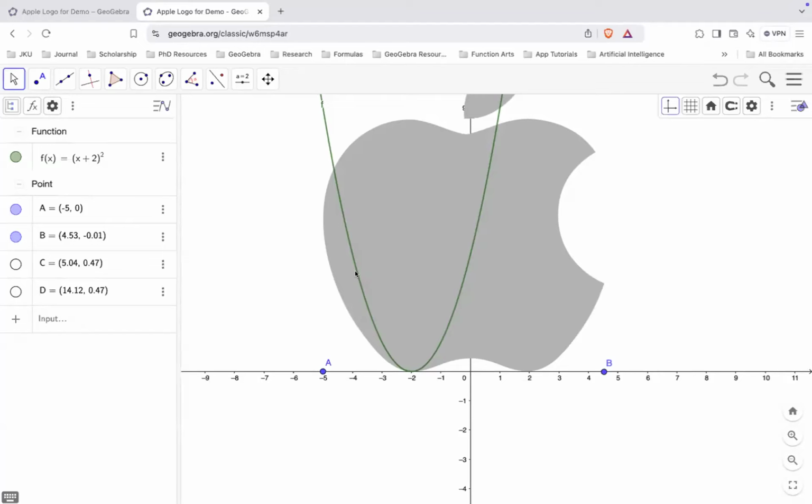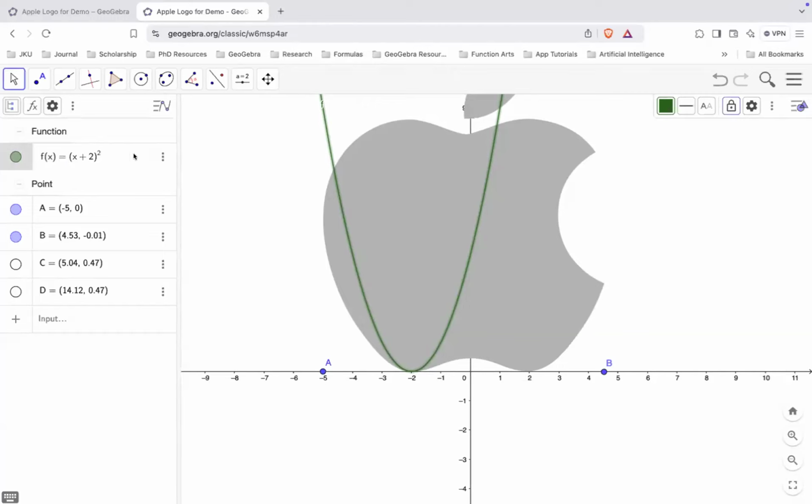Is it vertical stretching or horizontal stretching? It's vertical stretching, right? So in vertical stretching, you are multiplying the output, like the entire function, by a number. But this time I want to lower the value of y, meaning I have to multiply a number that is less than 1.